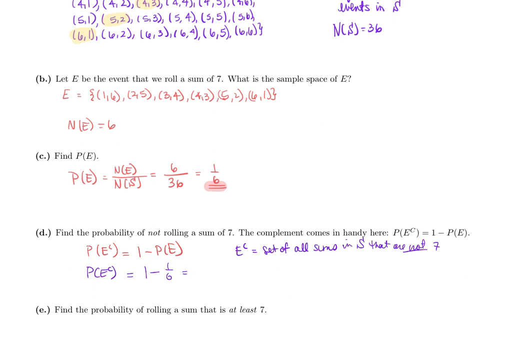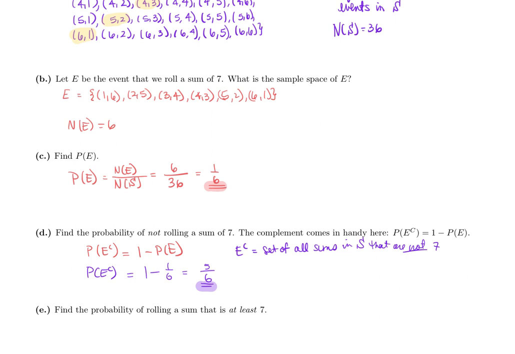So our probability of not rolling a sum of 7 is 5/6. Oftentimes, the other way we think about it is if 6 out of my 36 possibilities give me a sum of 7, then 30 of them do not. And those 30 out of the 36 would give us our 5/6. That probability would reduce to 5/6.